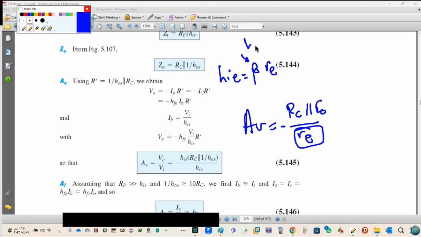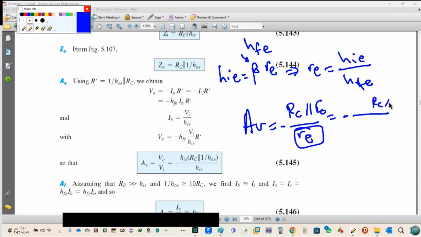Beta is HFE. So just a minute, it's wrong. HFE, correct. Beta is HFE. So RE is HIE over HFE. Good. Change here, minus.